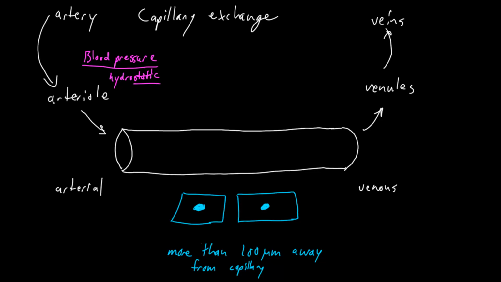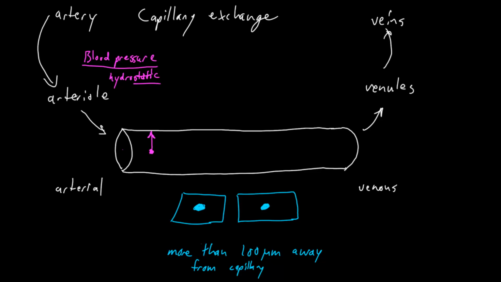So this is what blood pressure is, this physical force that is trying to push stuff out of a vessel, out of a capillary. So as blood comes through here on the arterial end, we can imagine if we draw in an arrow, for instance, that this arrow is representing this hydrostatic pressure of the blood pressure, and it's pointing towards the vessel wall.